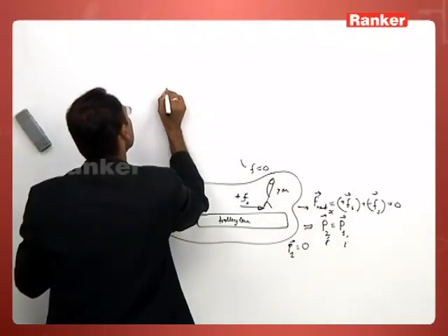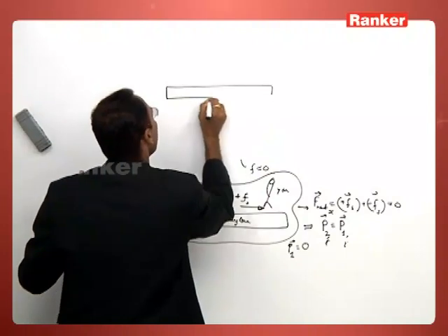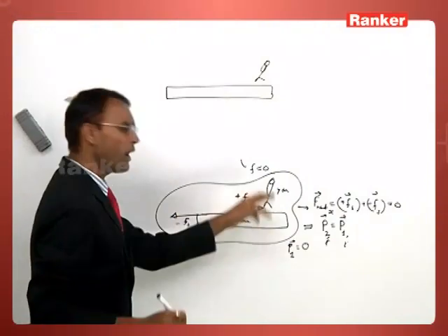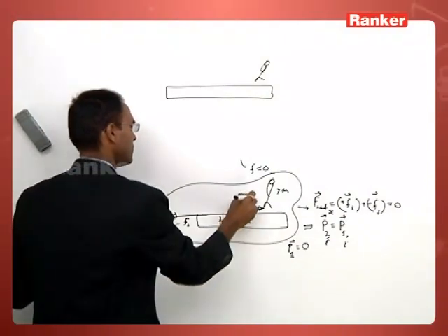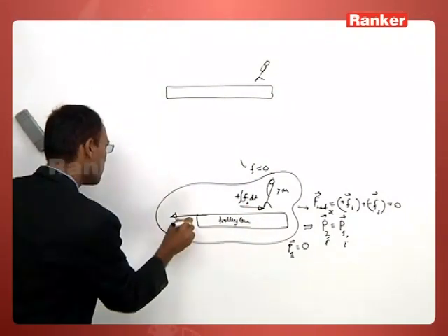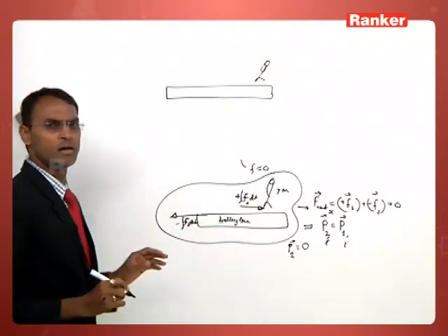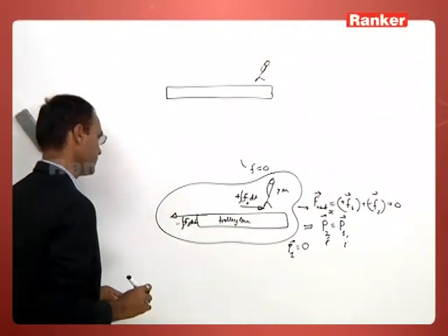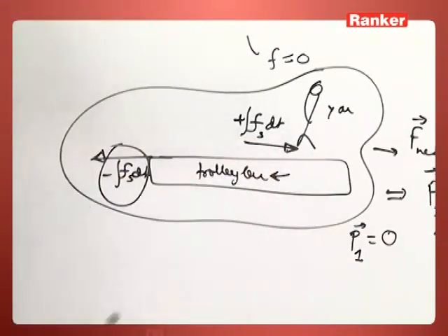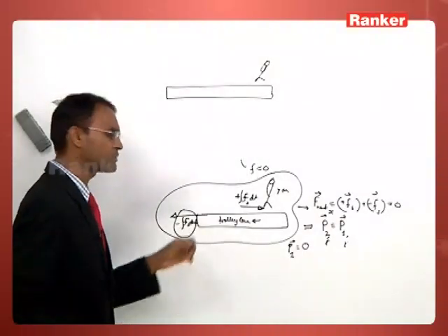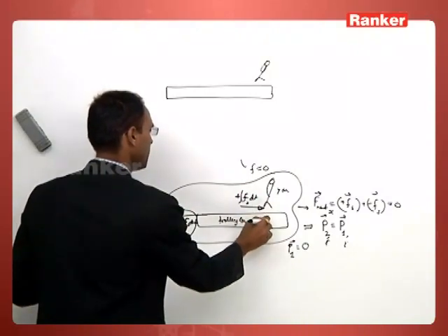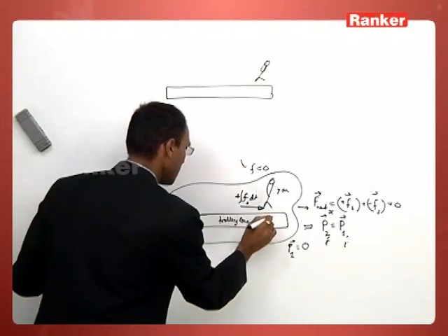When you are jumping with the relative velocity u relative, you are getting an impulse of this friction, and the boat also is getting an impulse in opposite direction of equal magnitude in backward direction. Because of this impulse, the boat will change its momentum from 0 to a certain value. Let it be momentum of the boat PB.